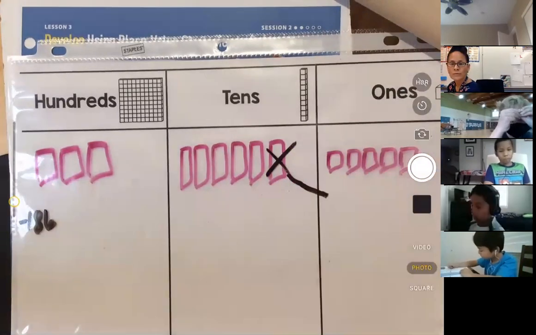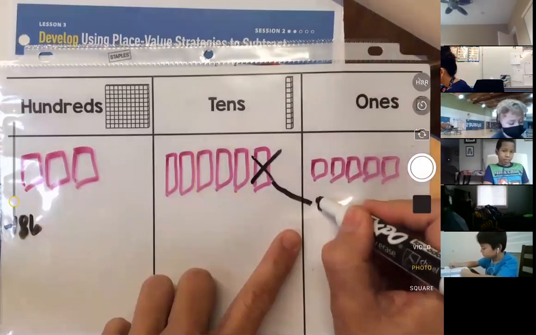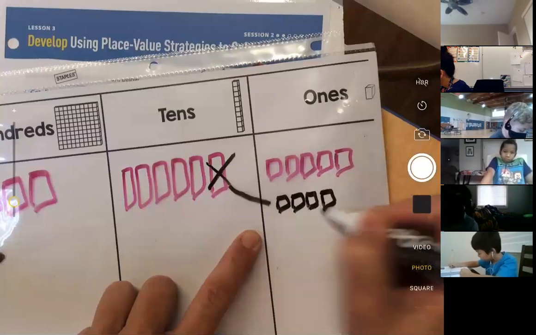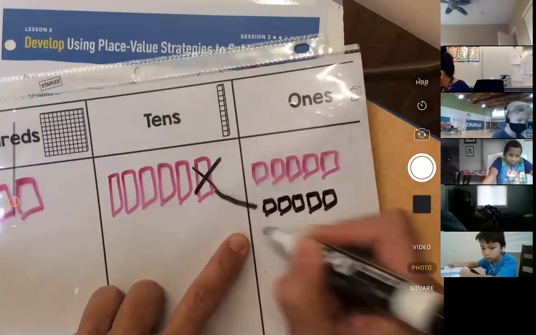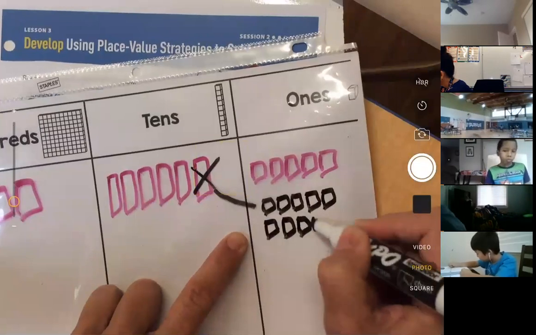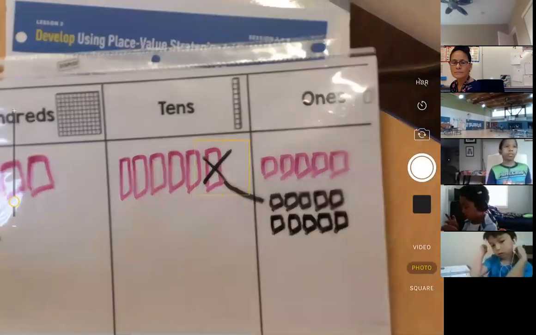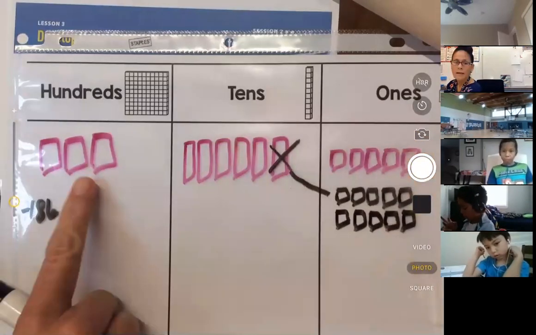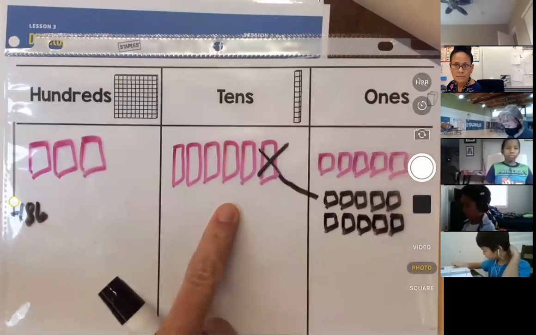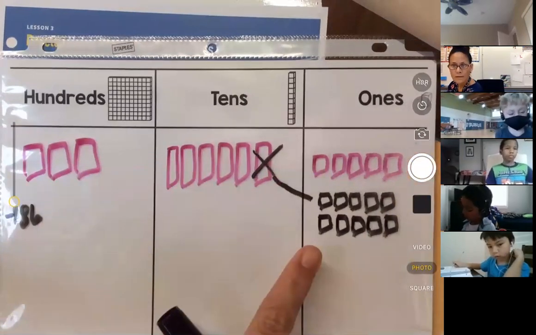I'm going to regroup, and I'm going to make ten ones. So now I'm left with 300s, 5 tens, and 15 ones.